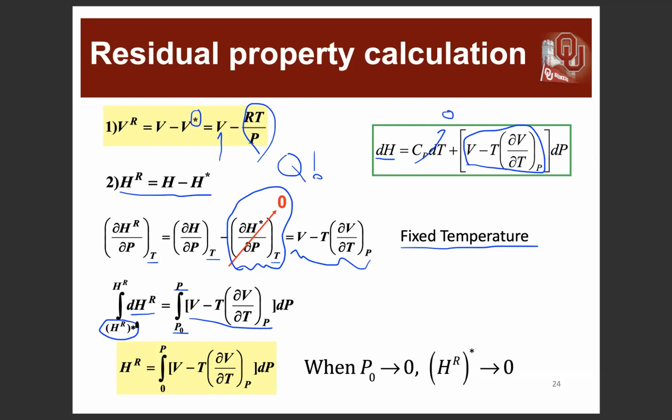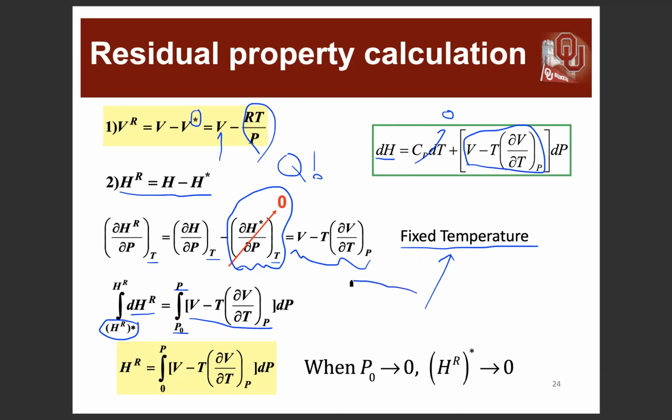So I have two questions for you for this class, and we will come back next lecture to check if we are good on the understanding. And that is actually the third concept I did not explain, but I hope you see there's no special reason why we pick a fixed temperature to evaluate. In order to evaluate the HR, I can pick a fixed temperature process or a fixed pressure process.